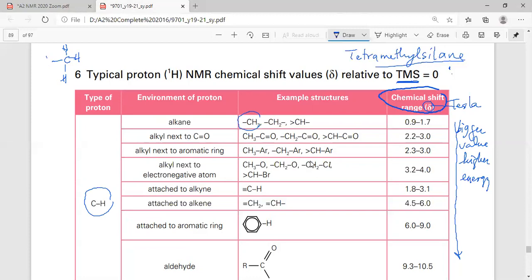The CH2 means the hydrogens connect to a carbon, and these two connect to a carbon here, and so forth. These are the particular hydrogens that I talk about.